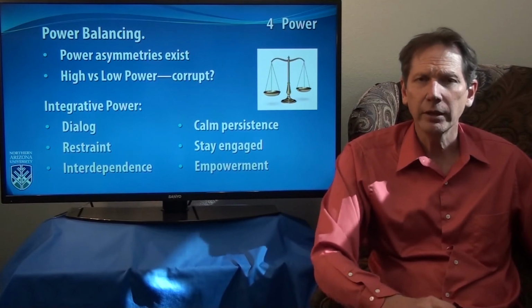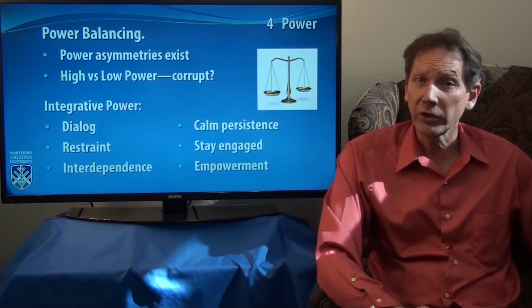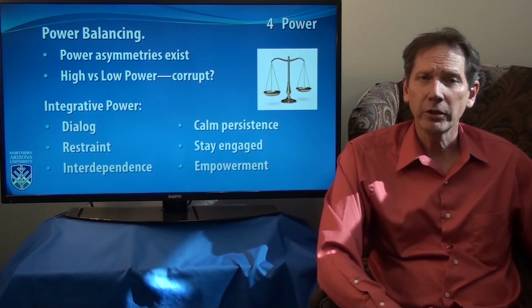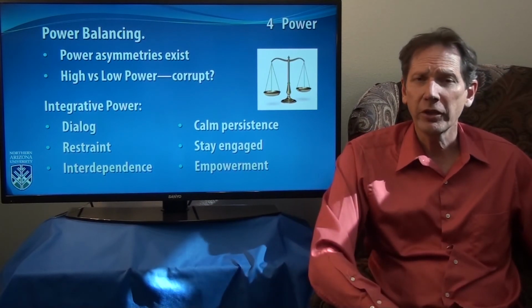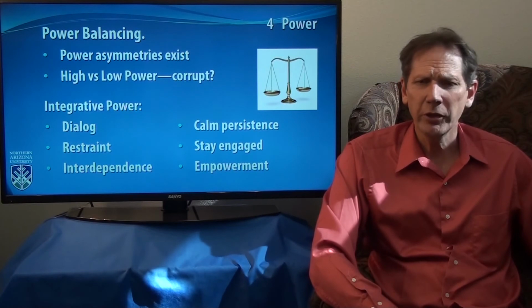I love this idea of the power of calm persistence, and this is a way to increase the currencies you have. In a way, using that money metaphor, it's a very high interest rate.